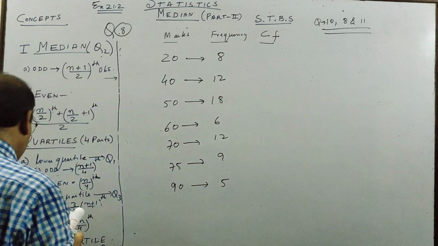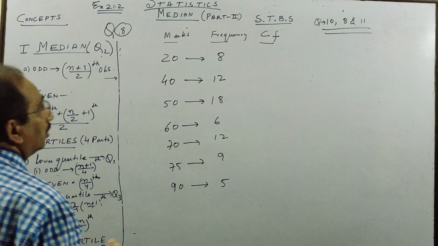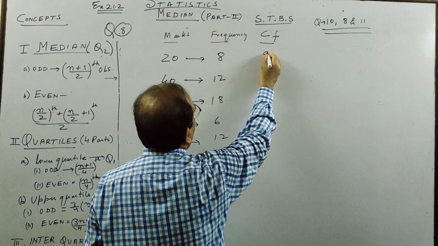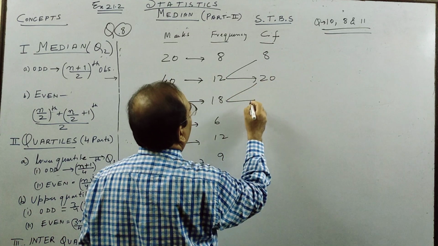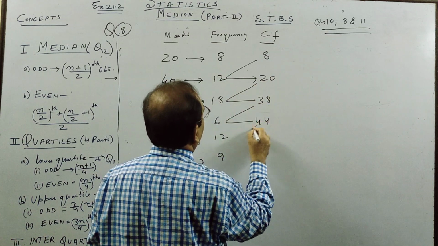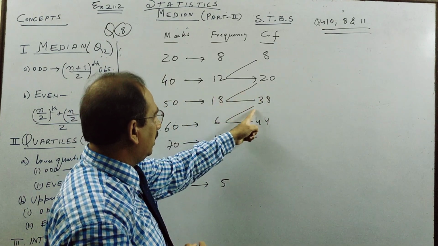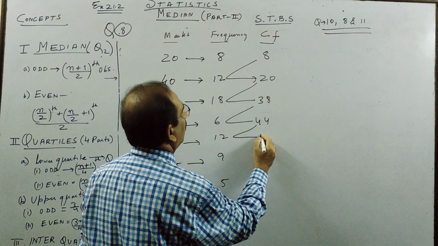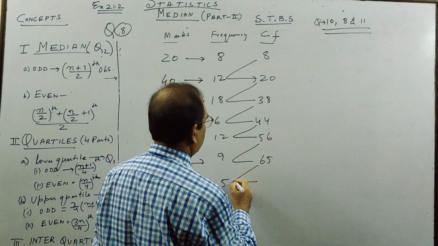So see how we do the cumulative frequency here. First one you write like this, second, you add this to this. Add this to this. Okay. So 8 plus 12, 20, 20 plus 18, 38, 38 plus 6, 44, 56, 65, 70.